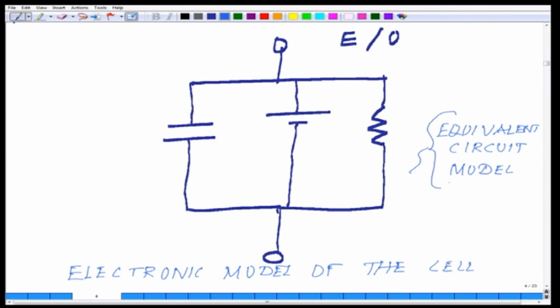Now, this equivalent circuit model, as it is in front of you, you can treat the cell accordingly. You can measure capacitance, you can measure resistance, you can measure the voltage, and of course, the current flow across it.